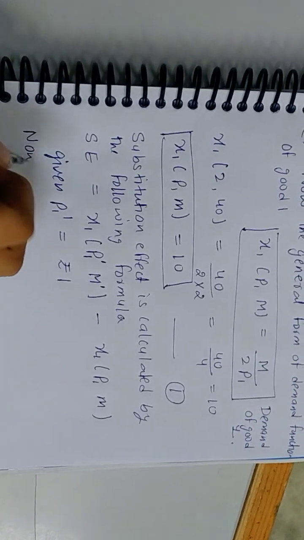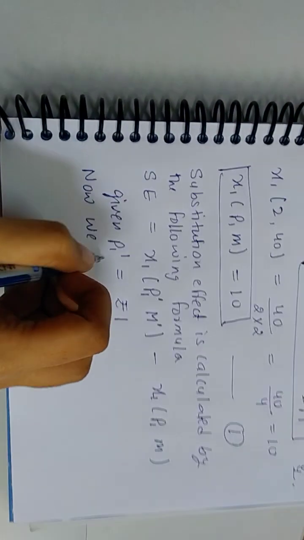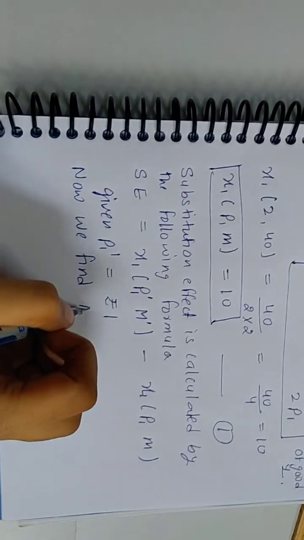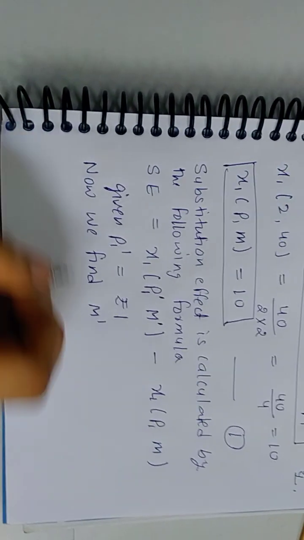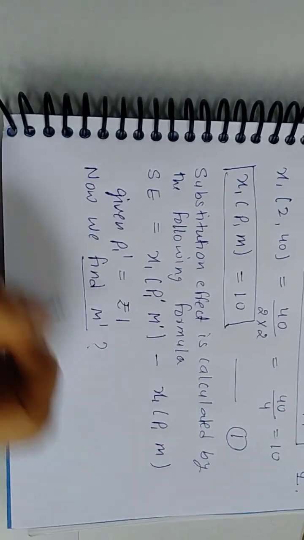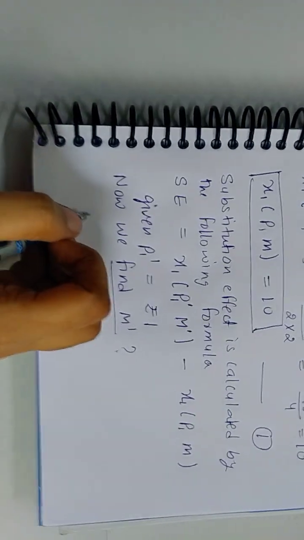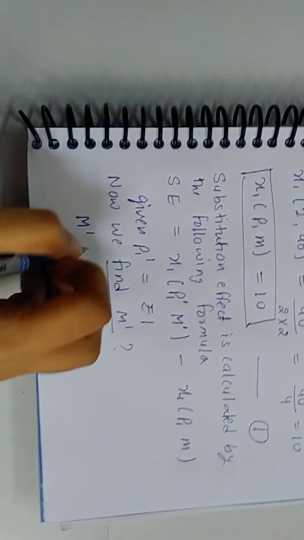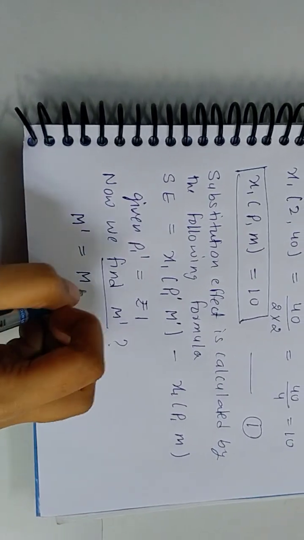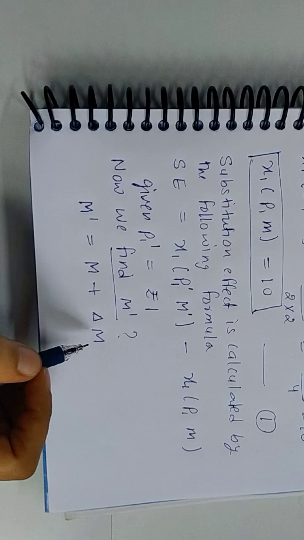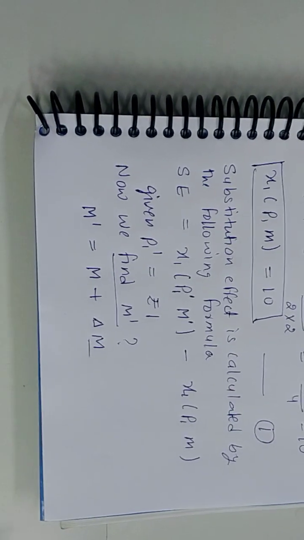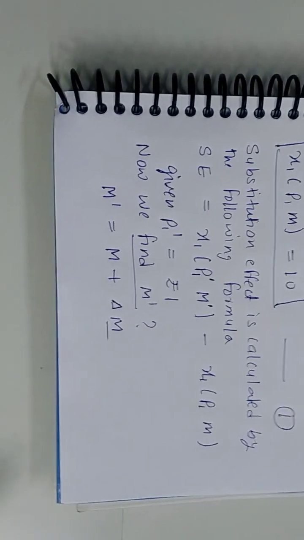Now we find m dash. M dash is nothing but the changed income. It can be calculated as the original income plus the change in income, the income that we compensate the consumer for the price fall.